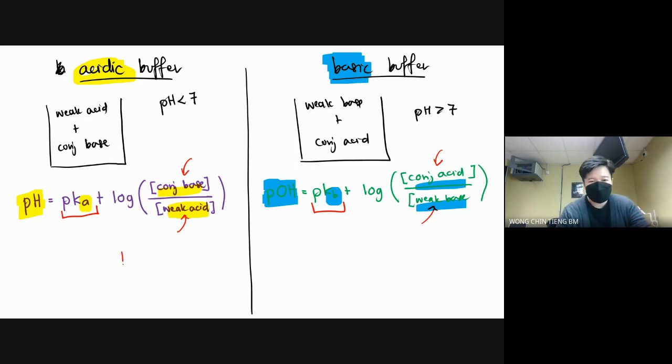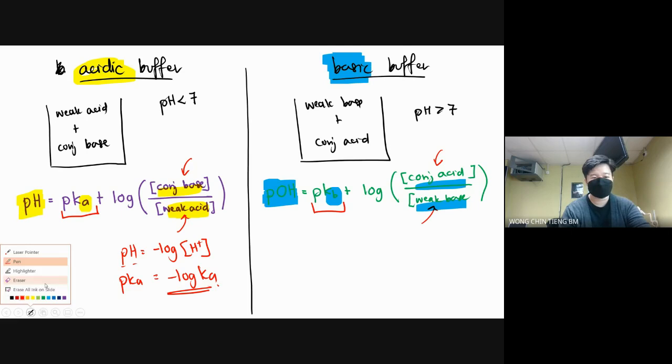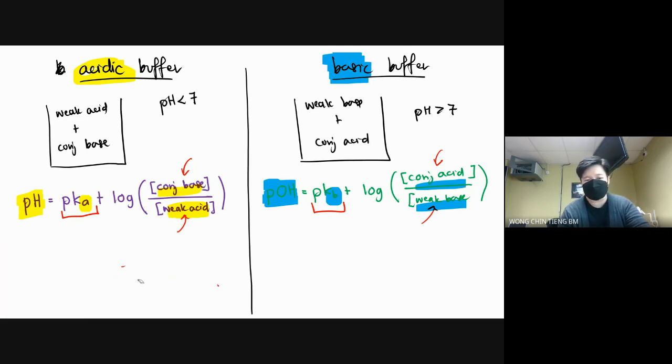Okay. Kalau pH adalah negative log concentration H plus. So kalau pKa, pandai pun. Okay, so what is actually pKa and what is actually pKb? Your pKa over here is actually represent negative log Ka, while your pKb over here is actually negative log Kb. Okay? Alright.